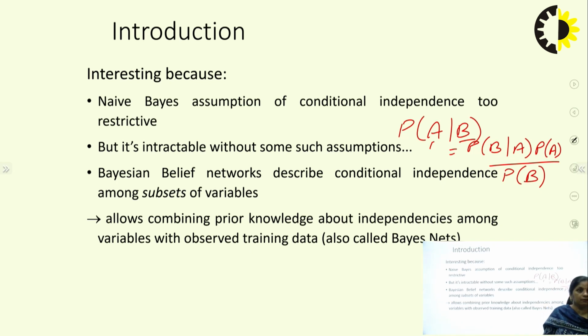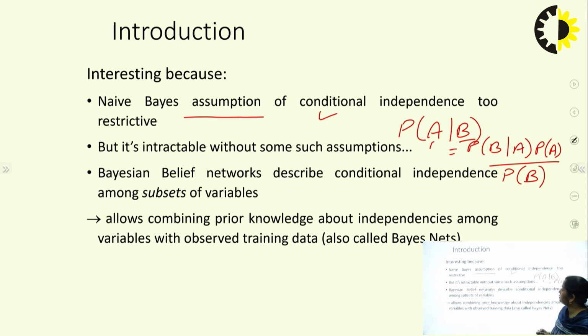One assumption plays an important role here, the naive Bayes assumption. It says that we can reduce this calculation using the concept of conditional independence. Conditional independence we'll discuss after this slide, as it is the basic motivation for why Bayesian belief networks have been introduced and the background for this.